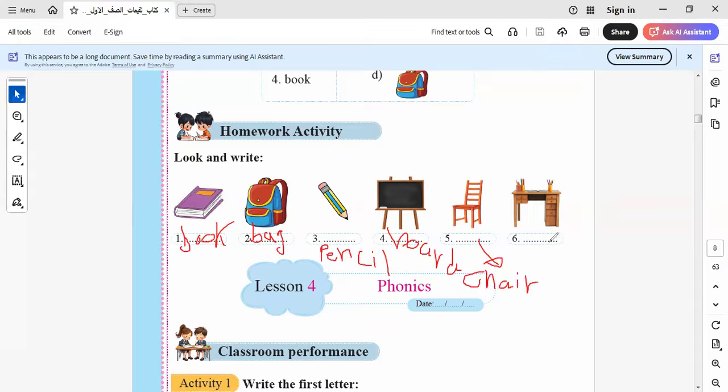And here is desk. Okay, this is the last one. It will be desk. So here is desk, chair, board, pencil, bag, and book. Okay. Let's continue the rest of the exercise.